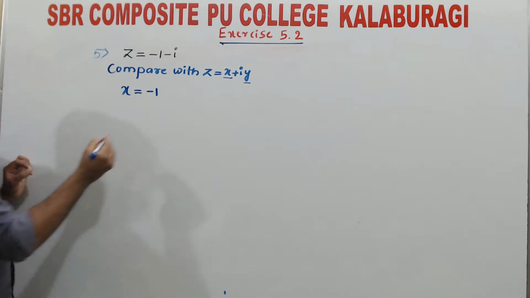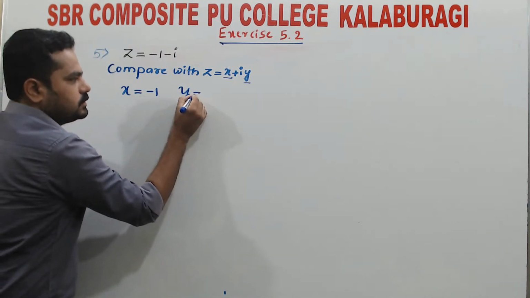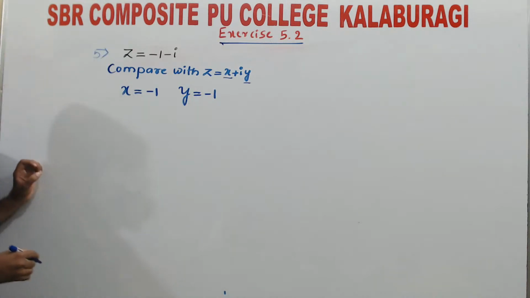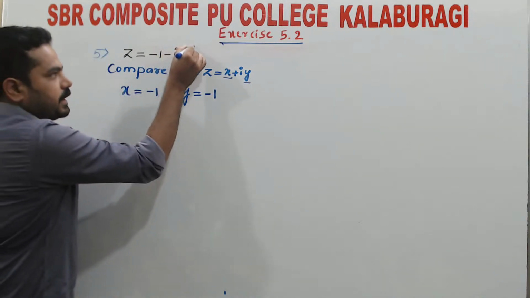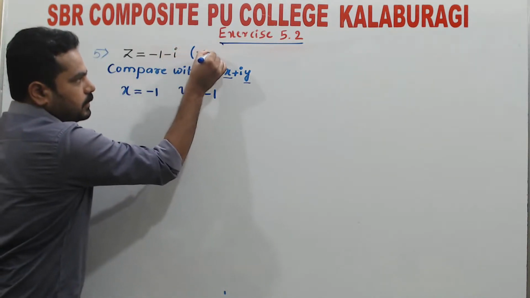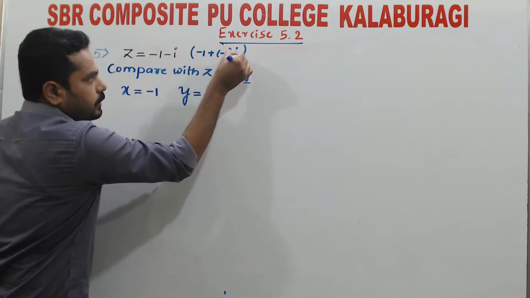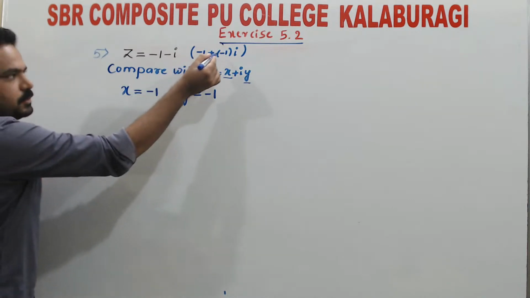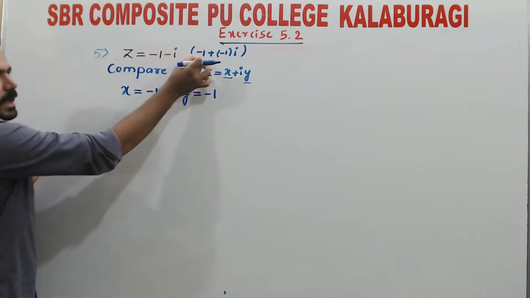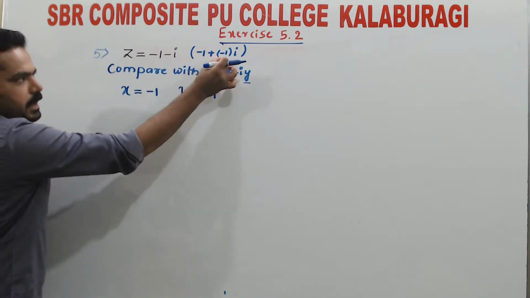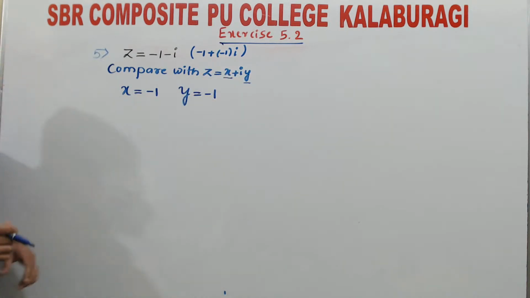Because we can write this as -1 plus (-1) into i, correct? Plus into minus is again minus. Therefore, x value is -1 and y value is -1.